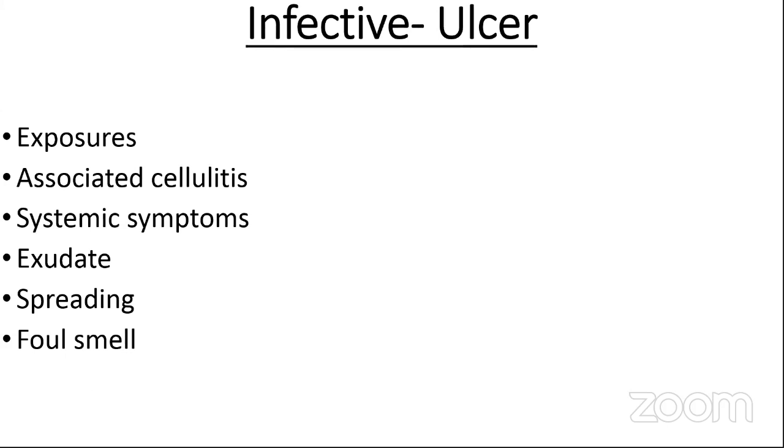There will be cellulitis surrounding, and inflammation will be there. The patient can develop systemic symptoms like pain and fever. Because of infection, there will be exudates. Usually an infective ulcer keeps increasing in size.